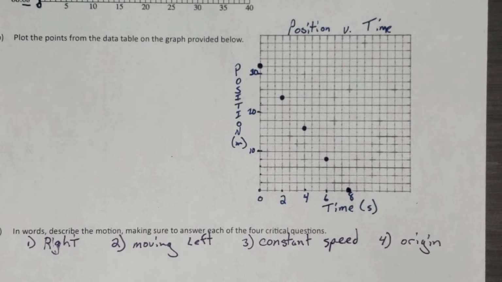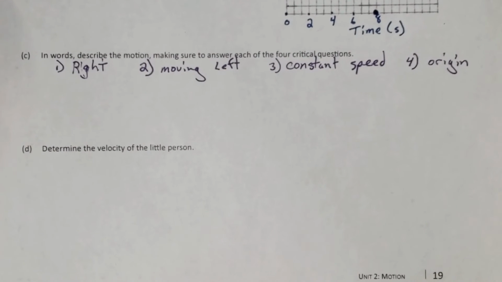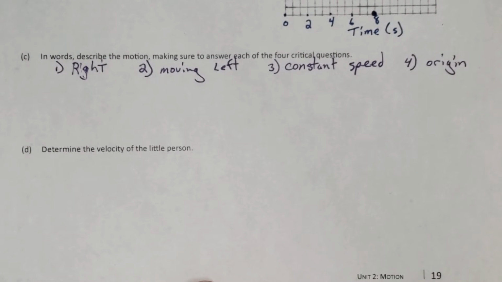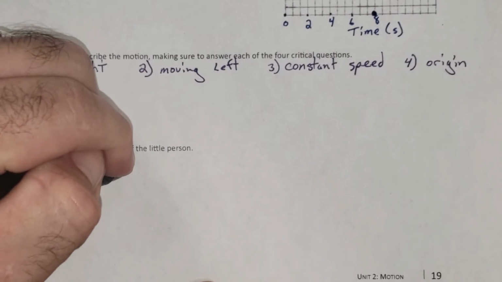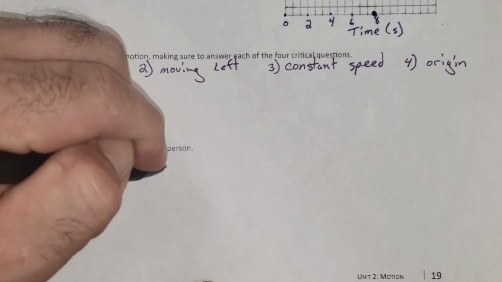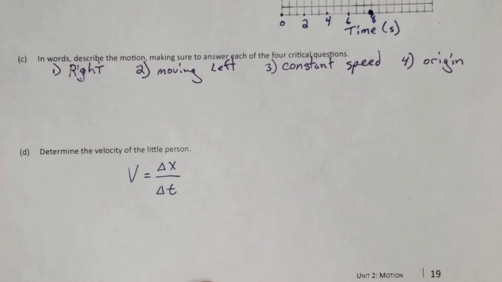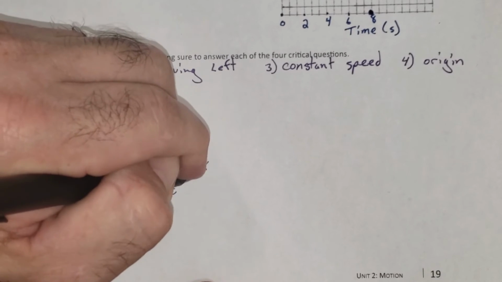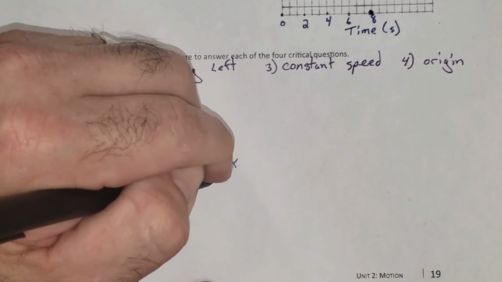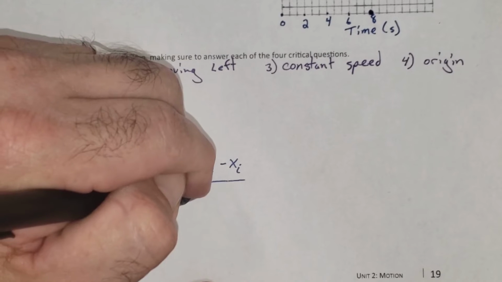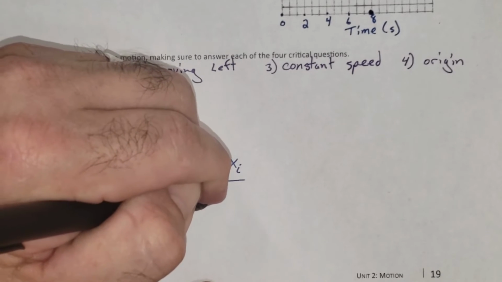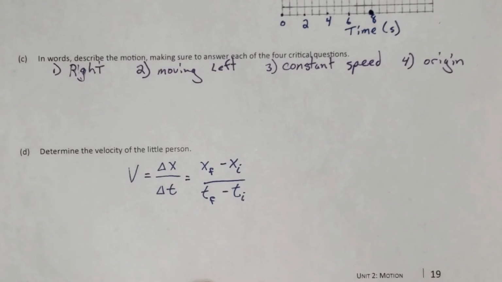Okay, so now our final question is we have to determine the velocity of this little man. Now, let's start off by writing the formula for velocity. We know that velocity is the change in position over the change in time. So that gives us x final minus x initial divided by time final minus time initial.